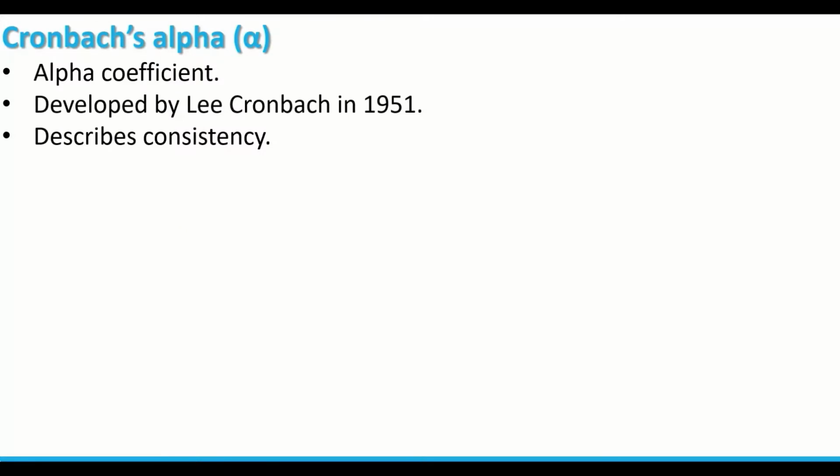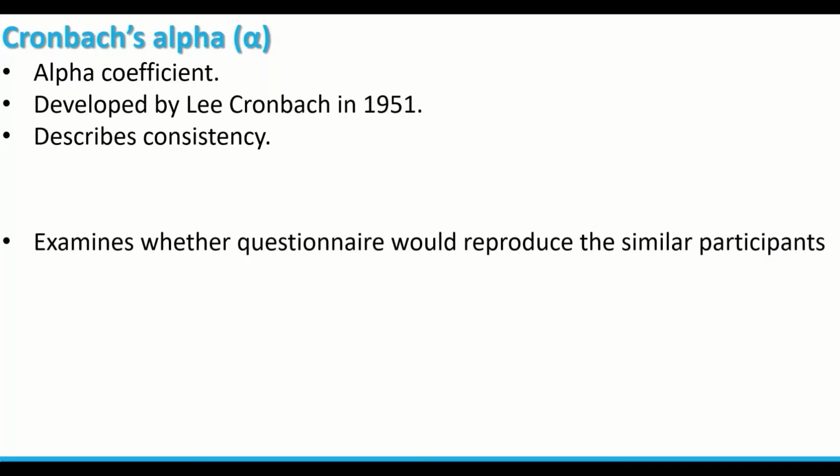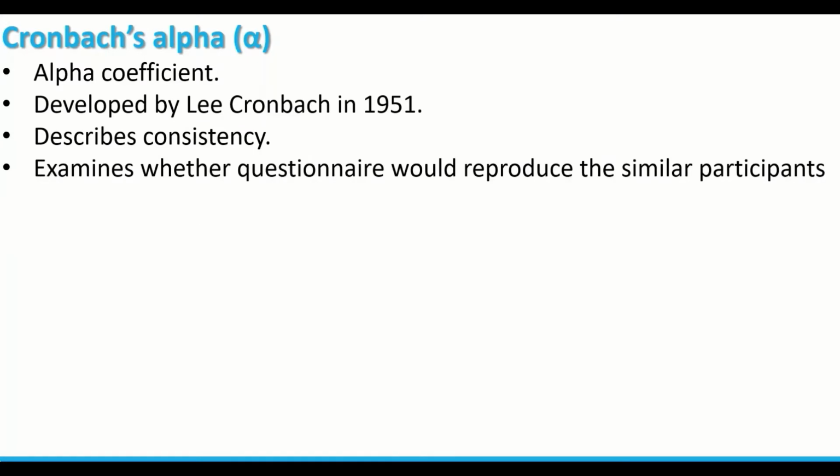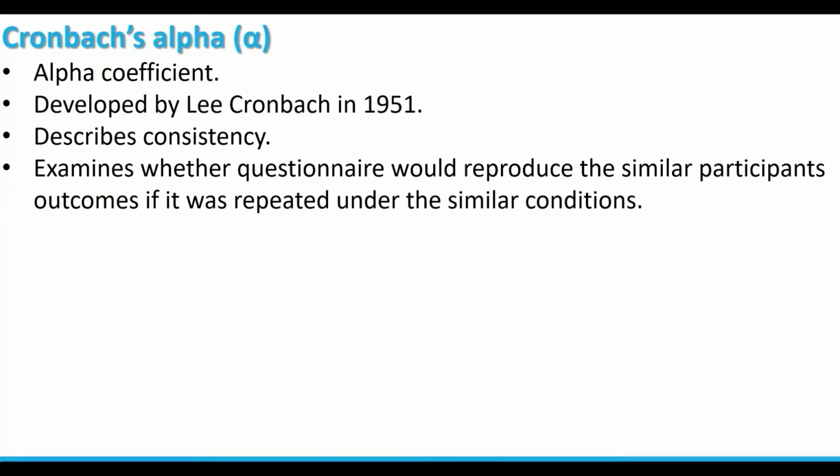The alpha describes the consistency of items. It examines whether a questionnaire would reproduce similar participant outcomes if it was repeated under similar conditions.